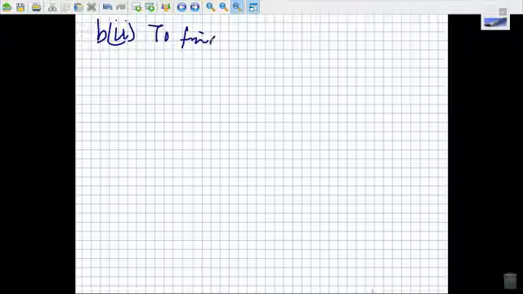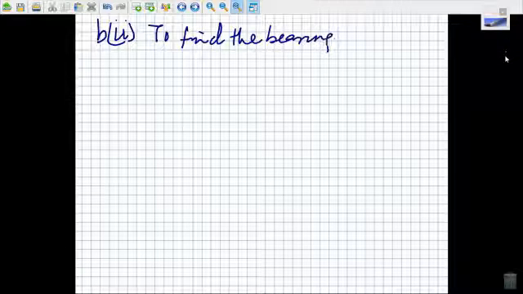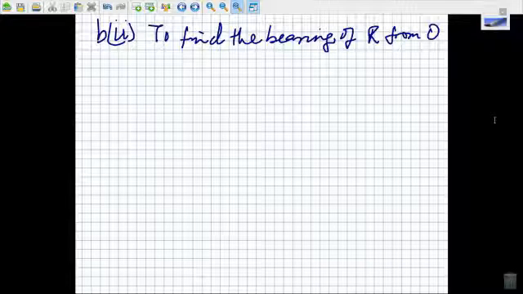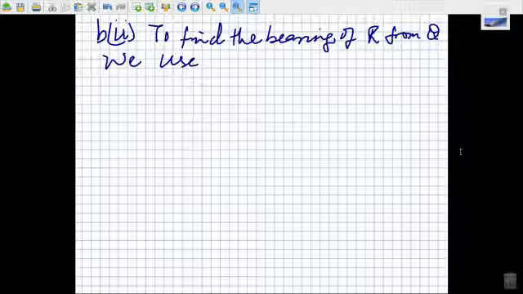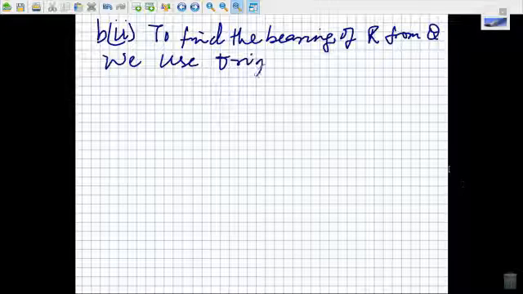So say that B II, to find the bearing of R from Q, we use trig ratio. Trig ratio is the short form of trigonometric ratio.